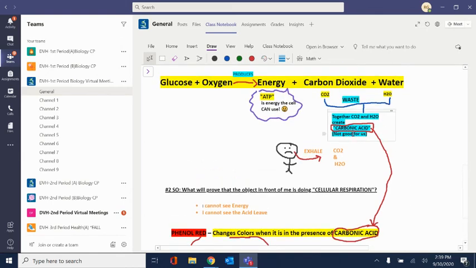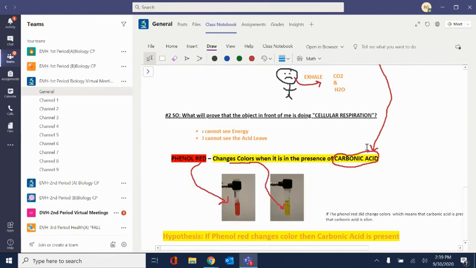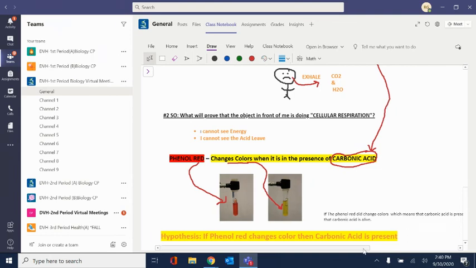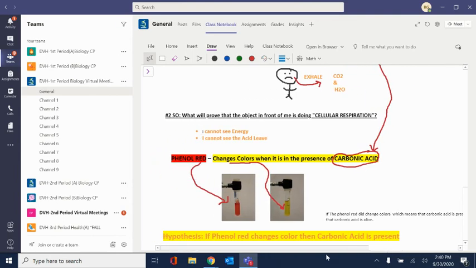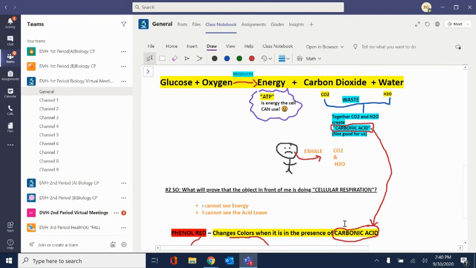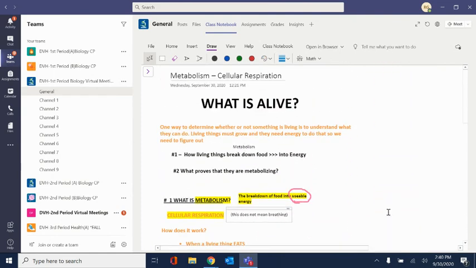So if something breathes out carbonic acid, it will change the color of the phenol red to yellow or an orangish color, a lighter shade of red. If I put something on the phenol red and ask it to breathe onto it, then I can determine whether or not that thing is alive. That is the whole point of us going through all of this.